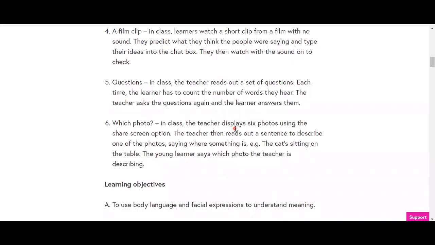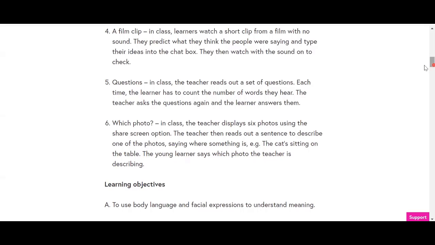And the last one, which photo? In class, the teacher shows 6 photos using the share screen option. The teacher then reads out a sentence to describe one of the photos, saying where something is. Example, the cat sitting on the table, and the young learner says which photo the teacher is describing.